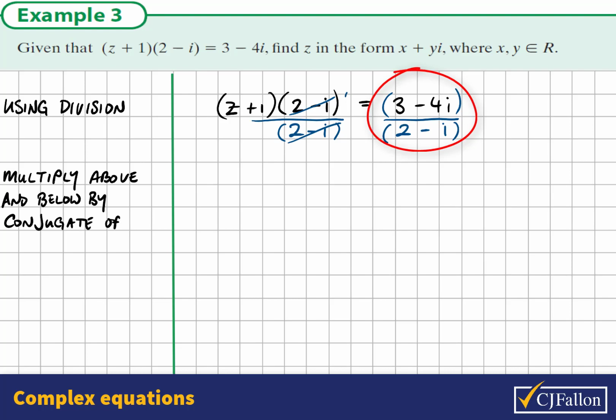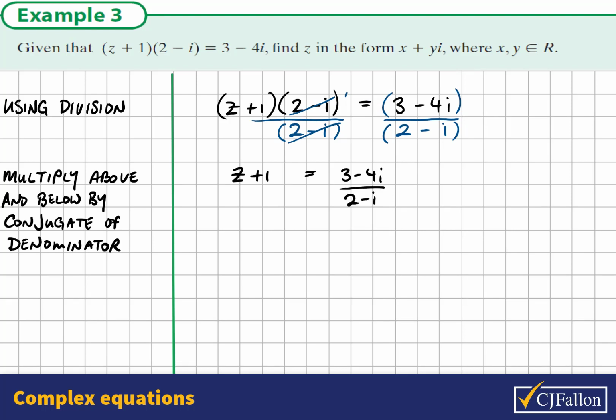So to work this out, we multiply above and below by the conjugate of the denominator. The denominator is 2 - i, the conjugate of 2 - i is 2 + i. So multiply above and below by 2 + i. So when we multiply out the top, we have 3 by 2, 3 by i, negative 4i by 2, negative 4i by i.